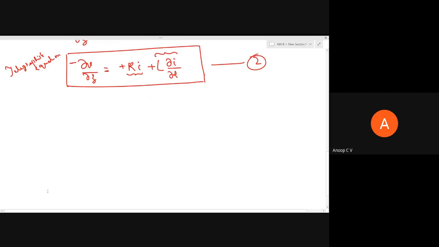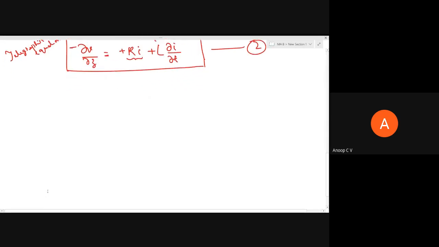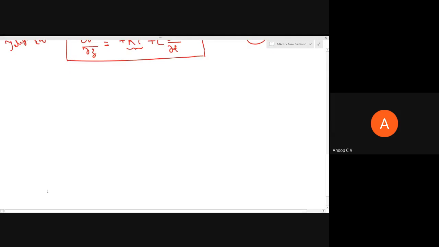Now I can obtain a similar equation for ∂i/∂z if I apply KCL for this node. That's what I'm going to do next. I'll just redraw the equivalent diagram once again.